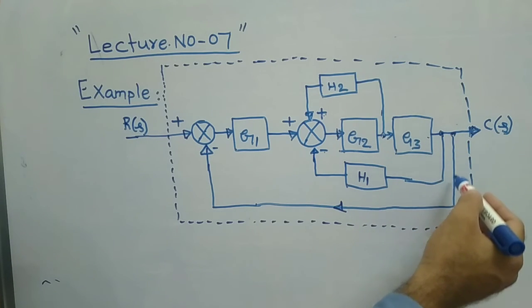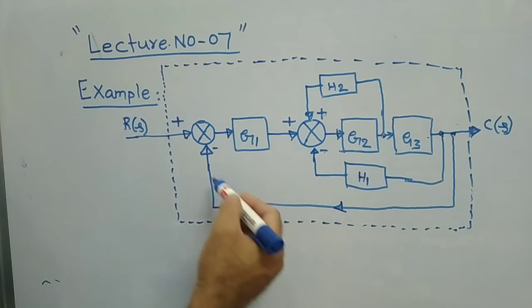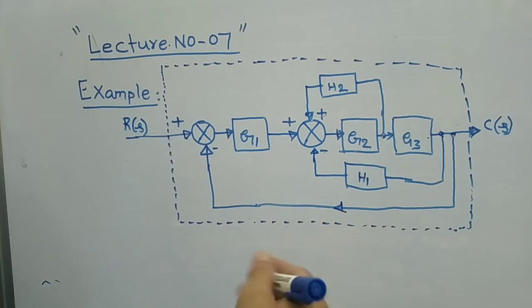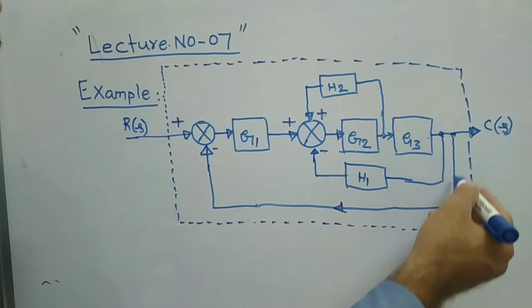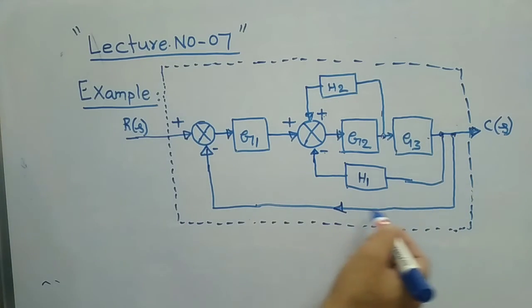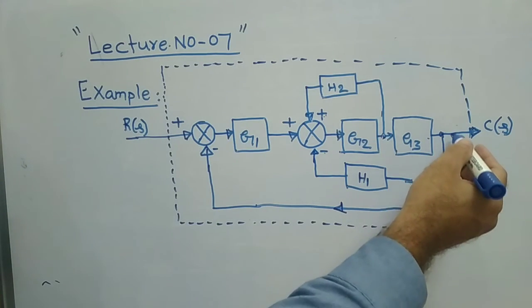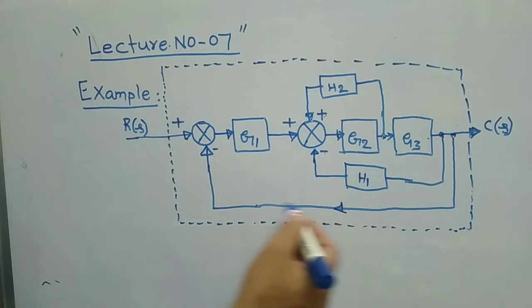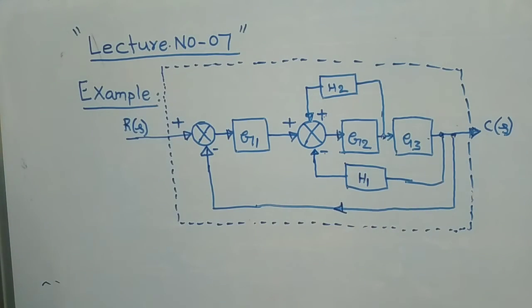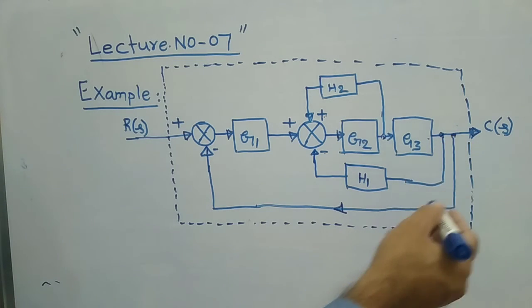Obviously this is called the external feedback loop. In any problem, the outermost loop is something you have to simplify at a later stage. In the final step you have to simplify this.